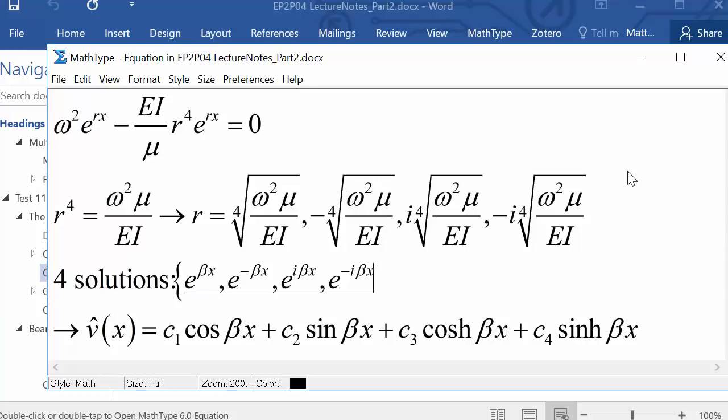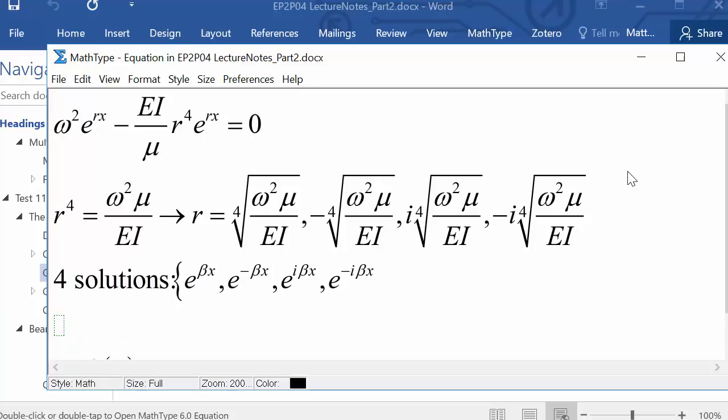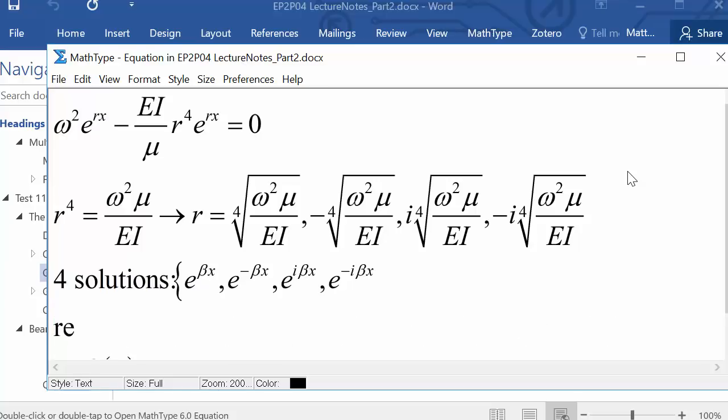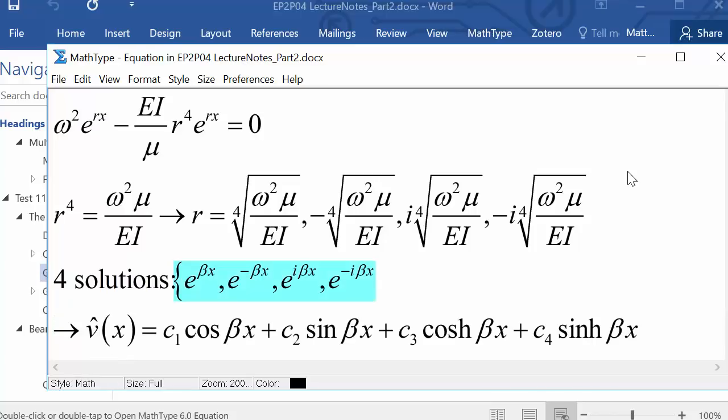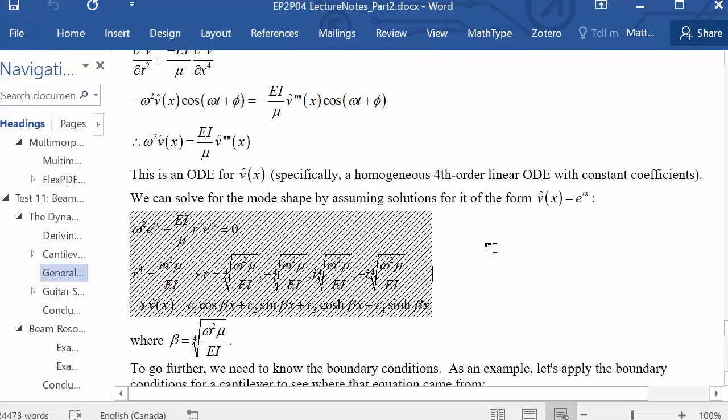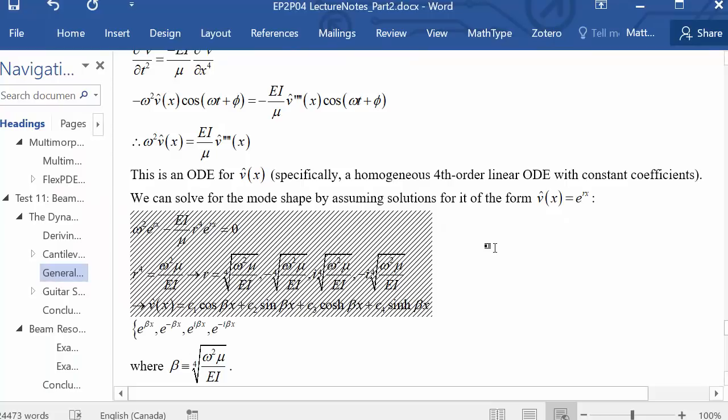And then we can rewrite these, which we can take linear combinations of. So maybe I'll split this up into different parts.